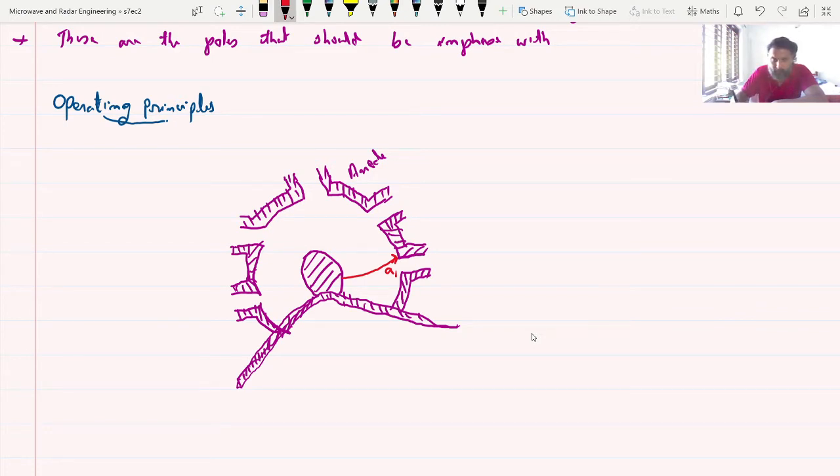To move in a circular path, I will call this B1. A larger magnetic field is required to deflect the electron, which I call C1, so that it grazes the surface of the anode, just like this.